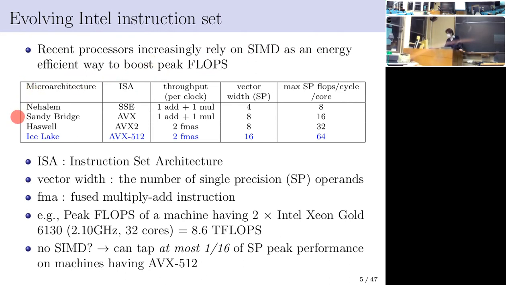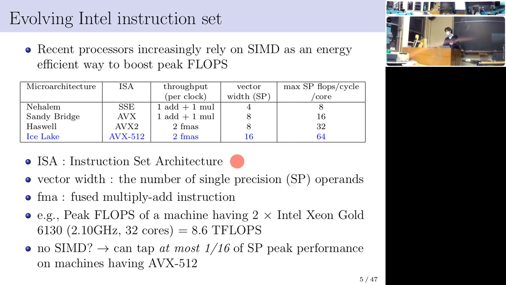This is how Intel processors evolve over time, from one generation to the next. The most recent one is the Ice Lake microarchitecture. ISA stands for instruction set architecture.